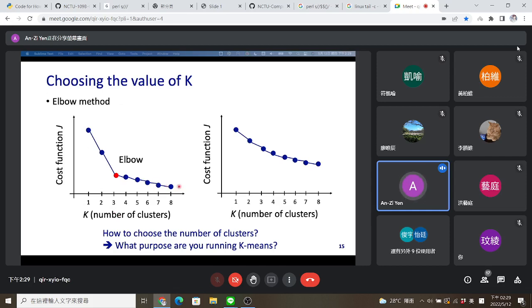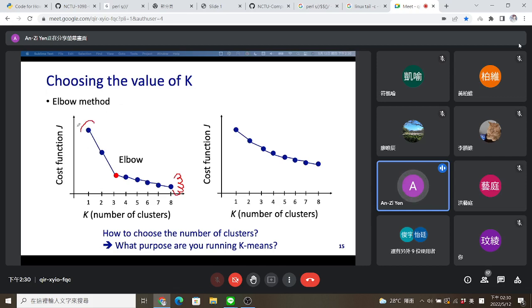And so we end up with a curve showing how the distortion goes down as we increase the number of clusters, and we will get a curve that maybe looks like this. If we look at this curve, it looks like a human's arm, right? For example, you can imagine that here is our hand, and this is our shoulder.